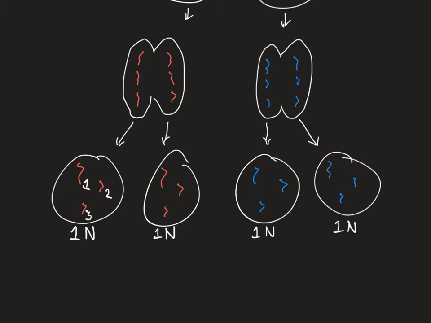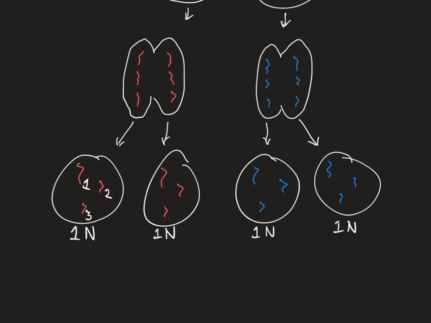So on the left, you're looking at two gametes that contain all of the DNA this individual inherited from their mother, all that DNA that's in red. And on the right, you see that the two gametes that were produced contain strictly paternal DNA, the DNA that this individual inherited from their father.